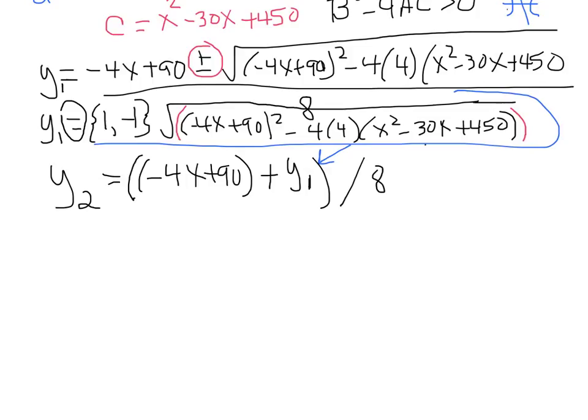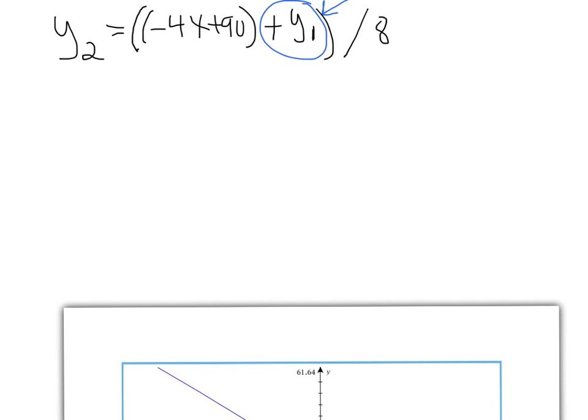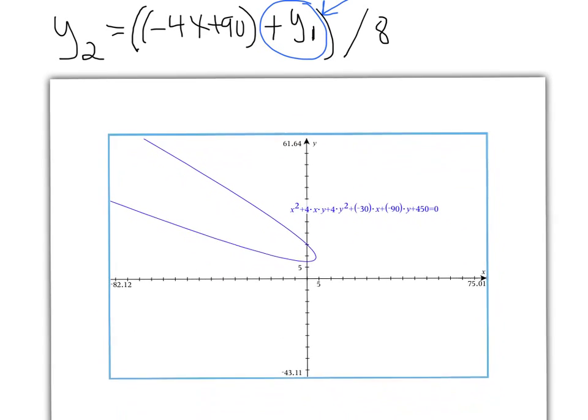So everybody try it, see if it works out. So you're going to have your negative b, and this right here will take care of your plus or minus radical, and then make sure to close the parenthesis and then divide it all by 8. Okay, so if you did that right, you should get a graph that looks like this.